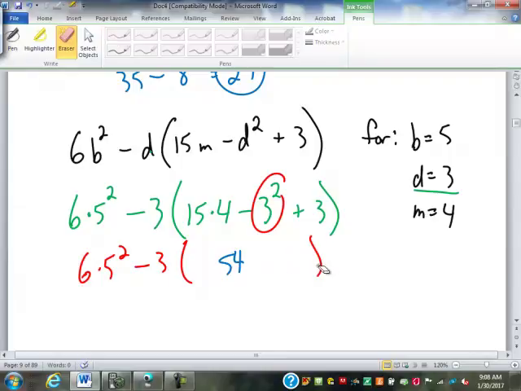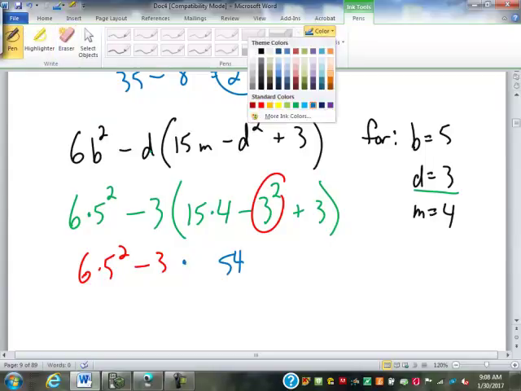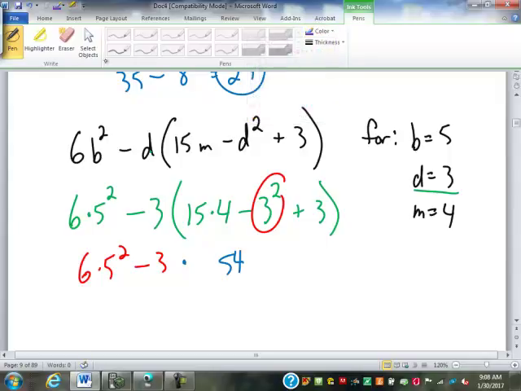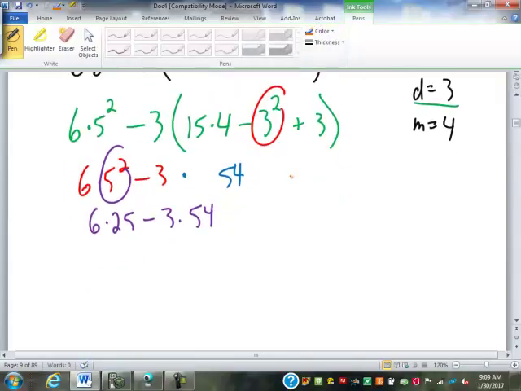So now my parentheses is reduced to a single number. I can get rid of them. And I do have to remember to put in multiplication. What's next? 5 squared, which is 25. And now, all I have left is multiplication and then subtraction.